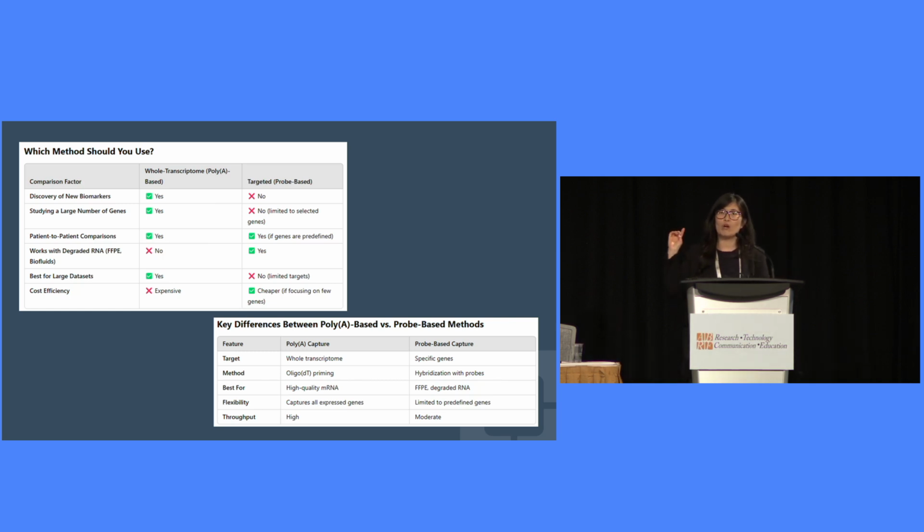When people come with a very precious patient sample, like from a CAR-T treatment, and you do just probe-based capturing, you only capture the genes you already know about. Maybe they do want some newer marker, then you have to go back to poly-A tail capturing, but it's more expensive. But again, people think about price, so there are a lot of things you have to consider.